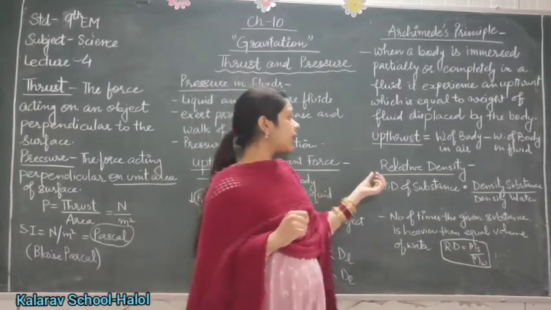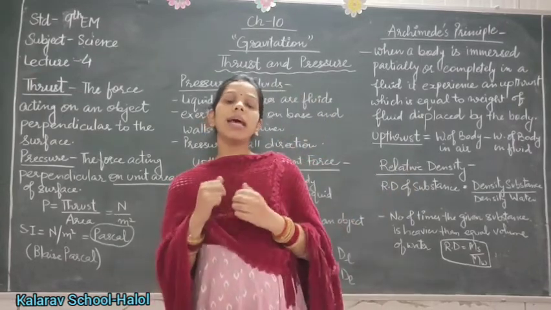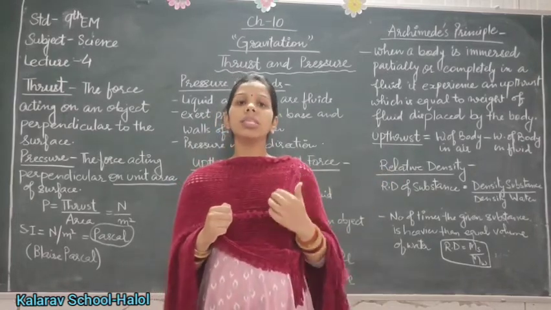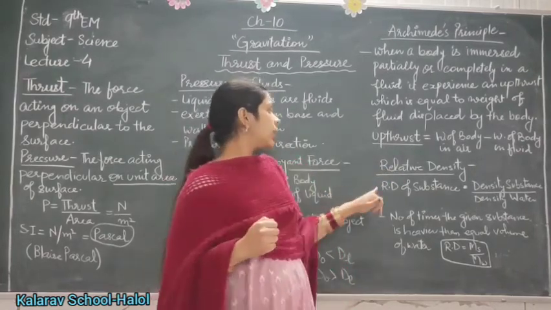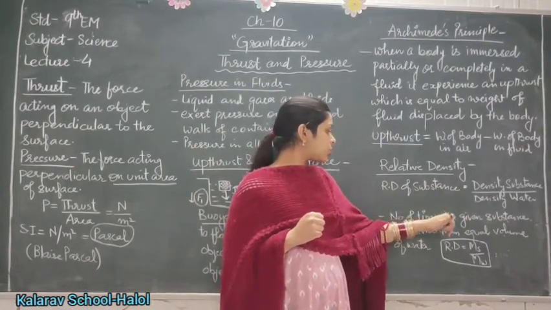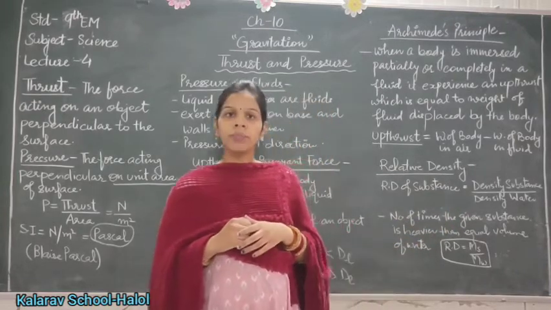So the next topic is relative density. Relative density is the ratio of the density of a substance to the density of water. It is the number of times a given substance is heavier than an equal volume of water.